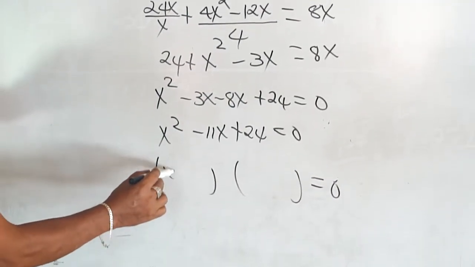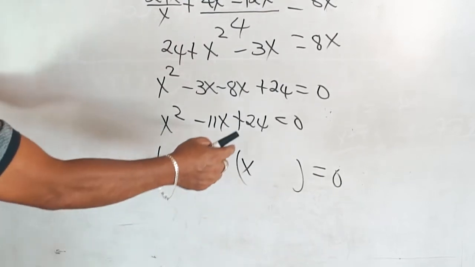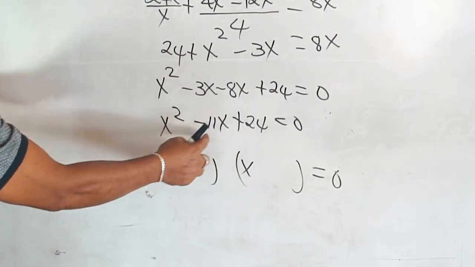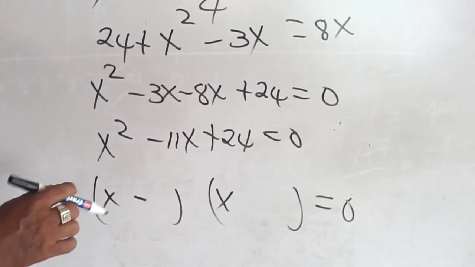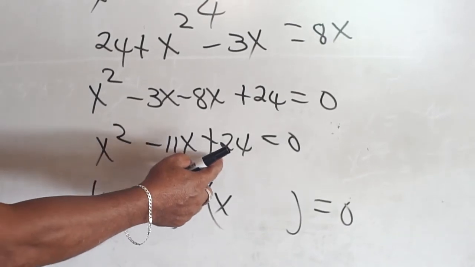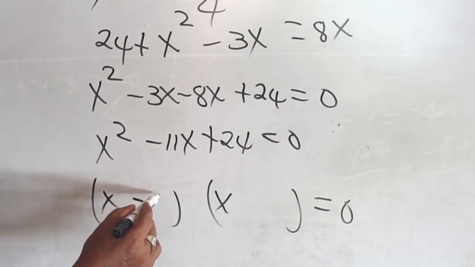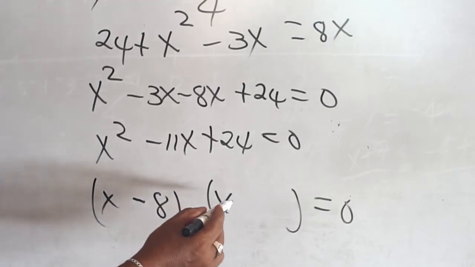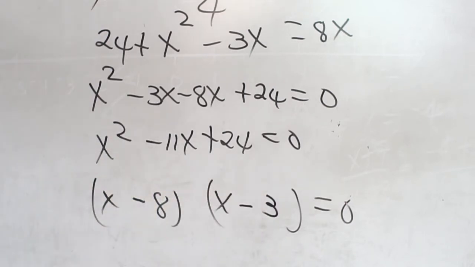So we have x and x. Then find the two factors of 24 whose sum is negative 11. The factors of x squared minus 11x plus 24 equals 0 are (x minus 8) and (x minus 3). Then equate the resulting factors to 0.